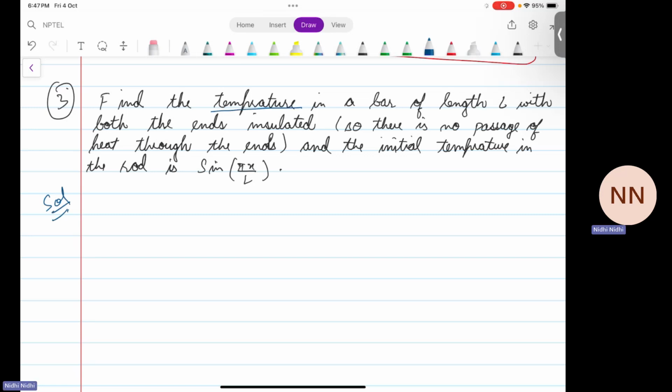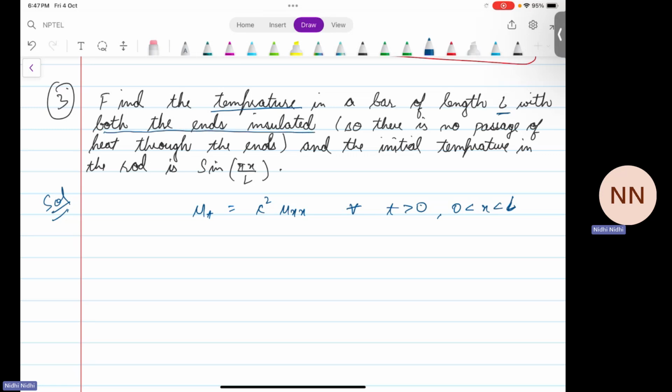That means we need to solve the heat equation, which is given by ut equals c square uxx for every t positive, and x gives us the position, that means position on the rod. So since the length of the rod is L, we have 0 less than x less than L. Then we know that both the ends are insulated.